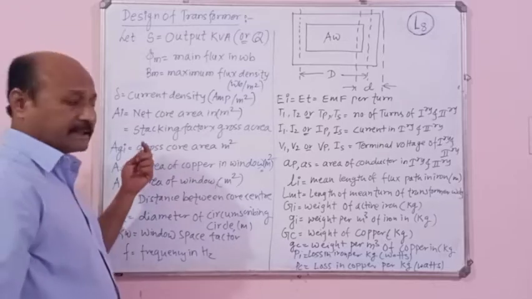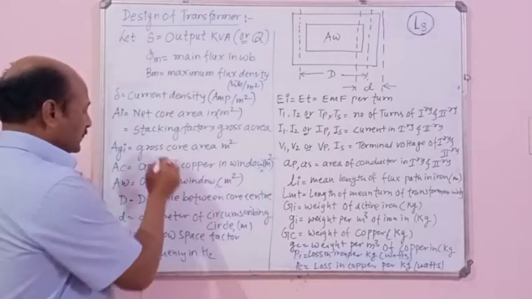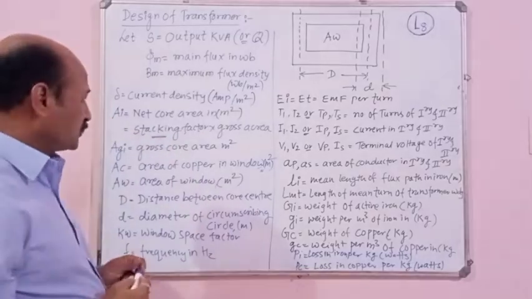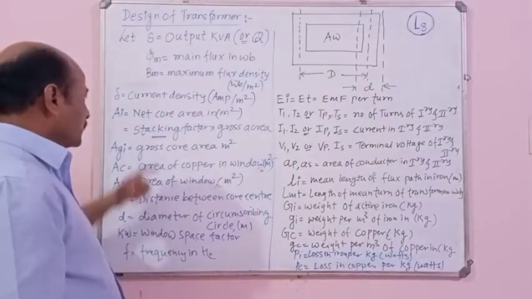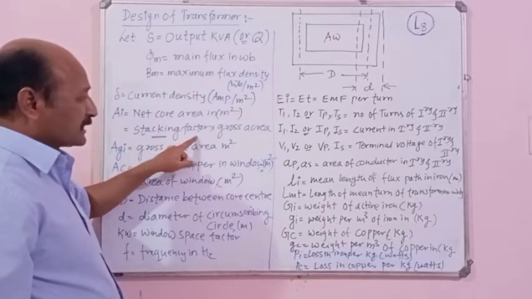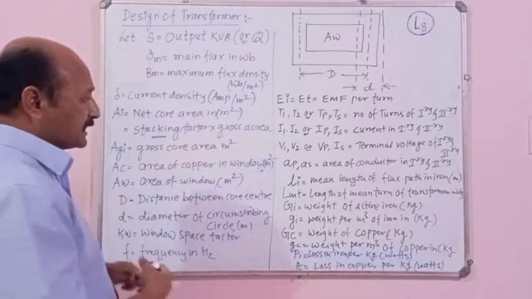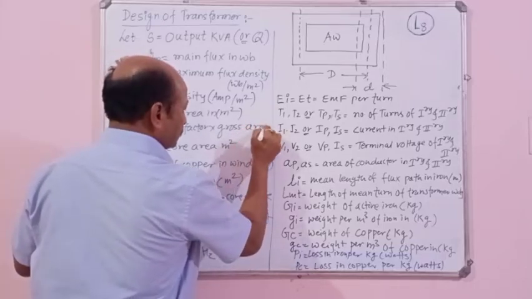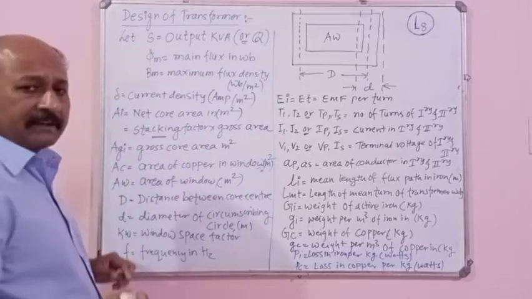Sometimes the stacking factor is given in the numerical. So the net core area in meter square is given by the stacking factor multiplied by the gross area. So what is the stacking factor?